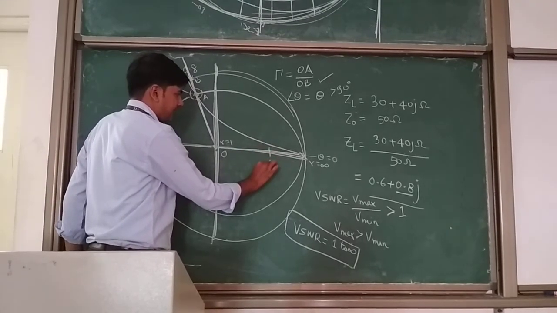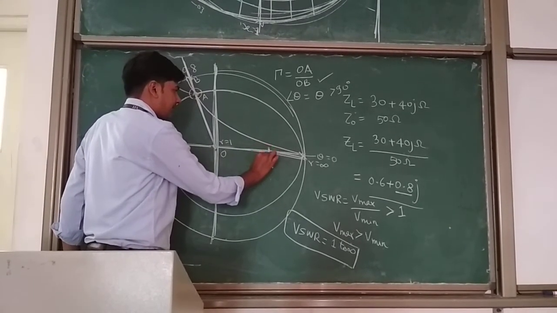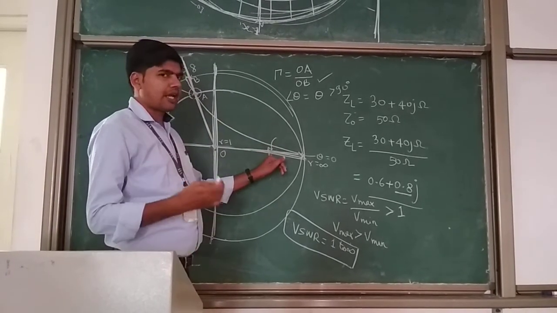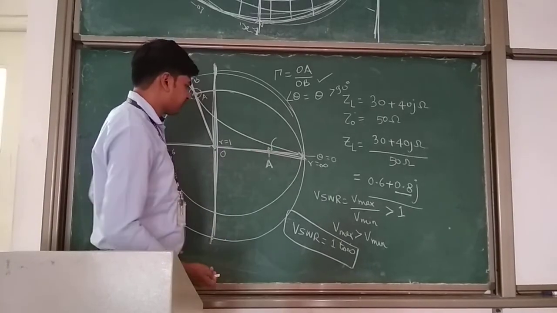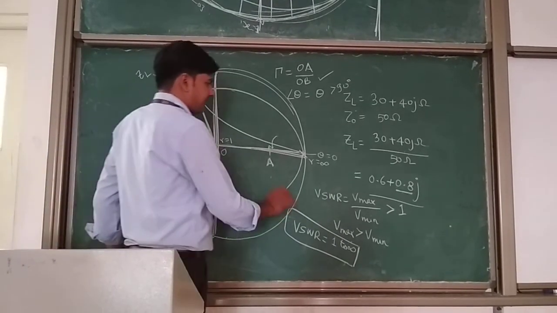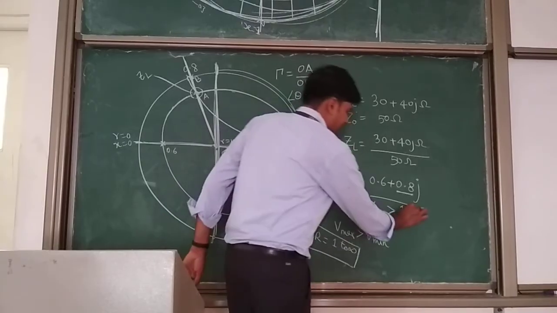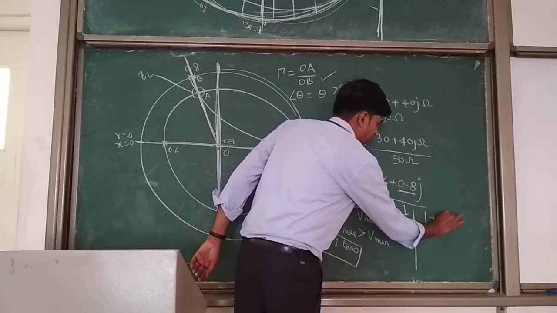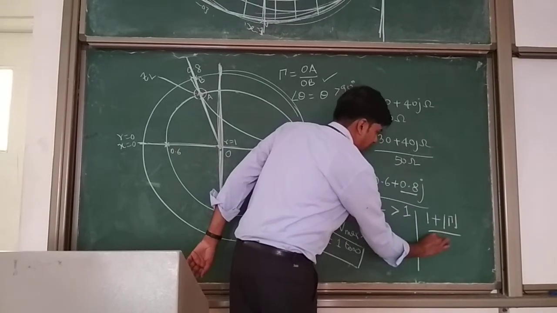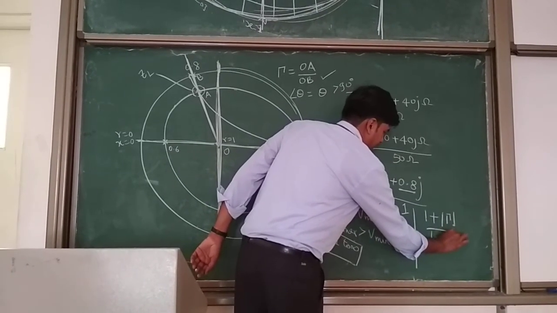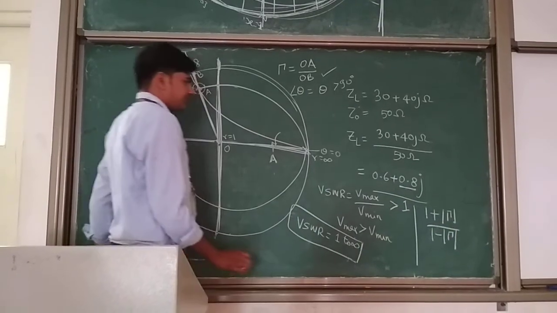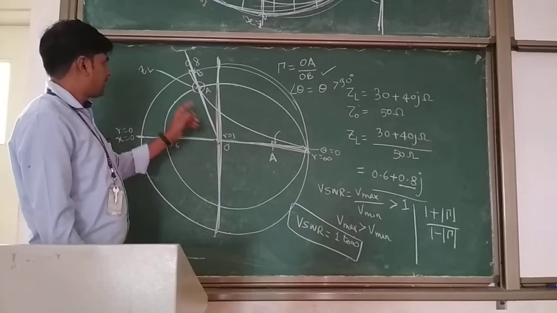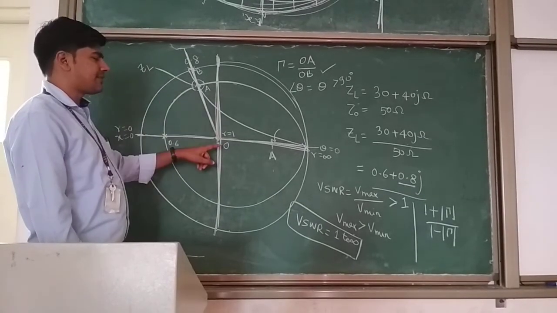You can find that point and read the value of R at that point, and you can calculate the VSWR. This VSWR can be verified using the formula 1 plus mod gamma by 1 minus mod gamma. So this is how you can calculate the reflection coefficient and VSWR.